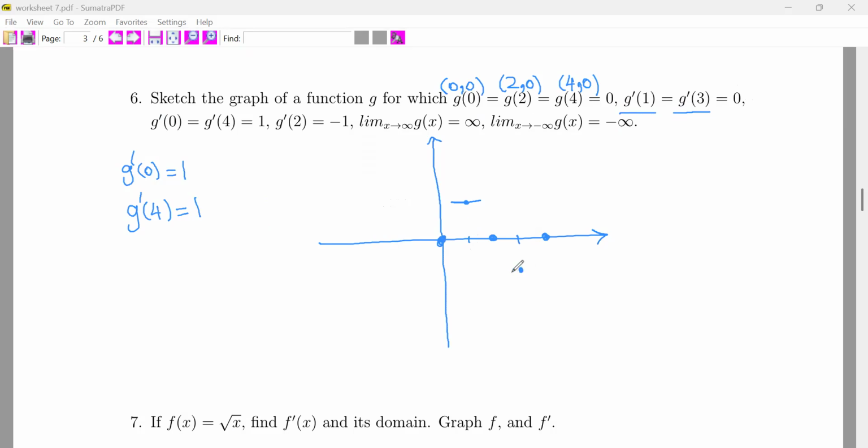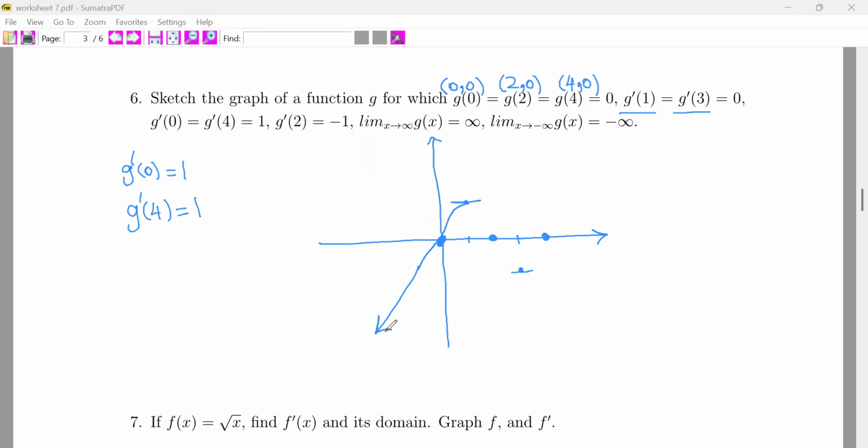But why is the first one at the top of the x-axis and the other one at the bottom? It is related to g prime of 0 equals 1. When g prime of 0 is equal to 1, and also g of 0 is 0, we would conclude that we are going to have this kind of graph with positive slope.